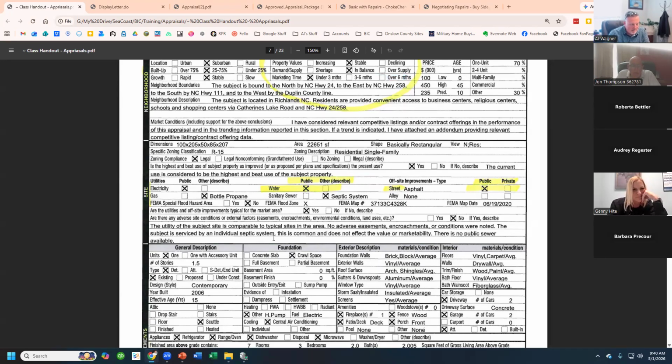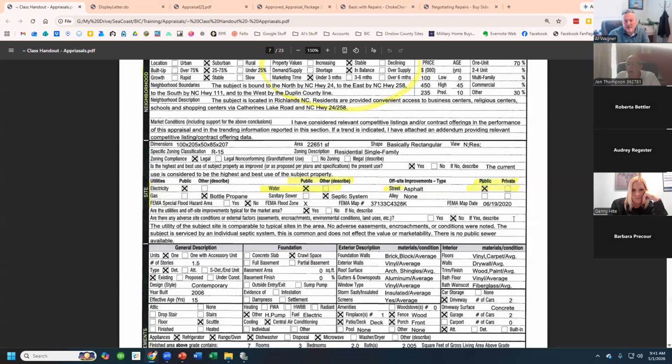Here about the site, it talks about things like the water. Is it public or is it other? If it is not public, meaning city, county, something like that, and it has other, you will probably need a well water test. It'll be required if it is not checked public. Here, if it has street asphalt and it says public, you're good.